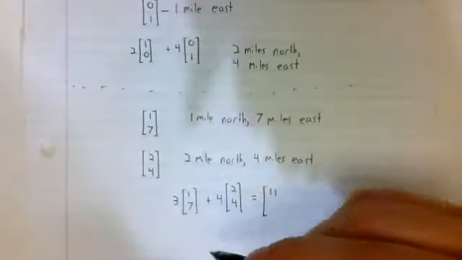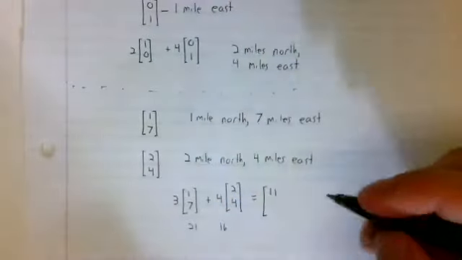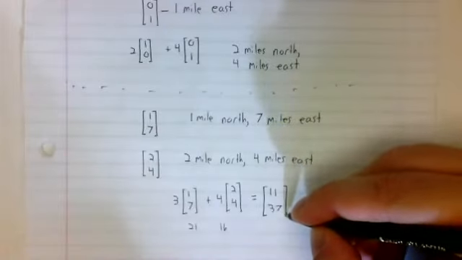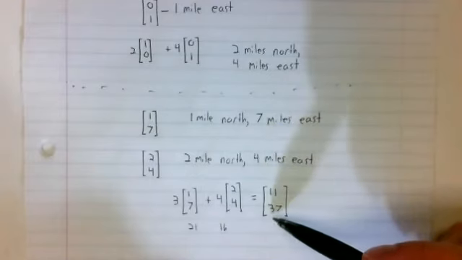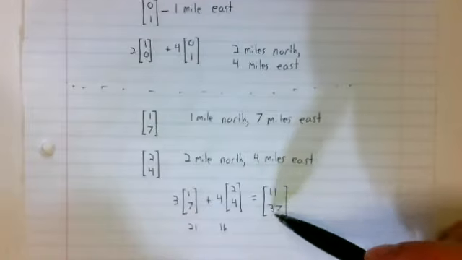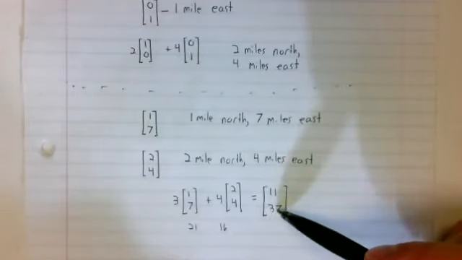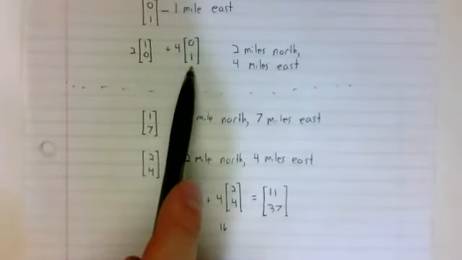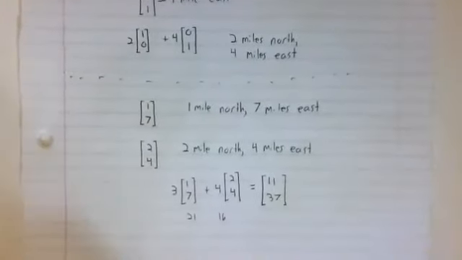Let's see, 21, 16. It represents 11 miles north, 37 miles east. But we had to actually compute this vector to figure that out, as opposed to up here where we could simply read the information off.